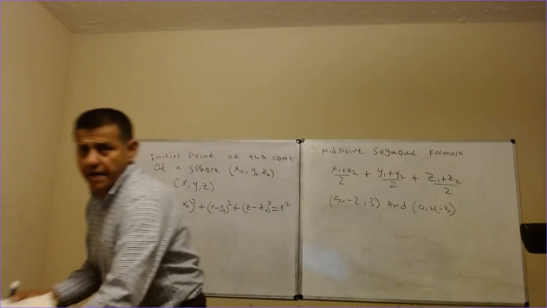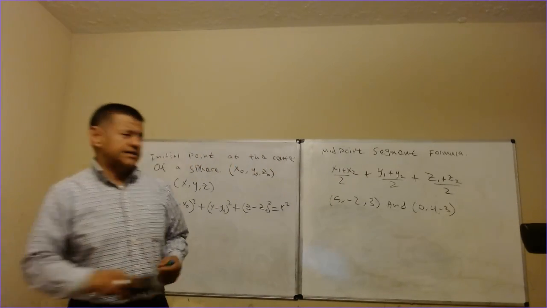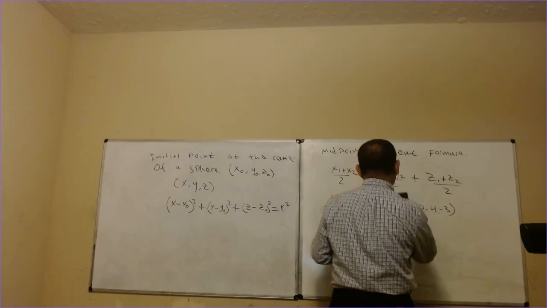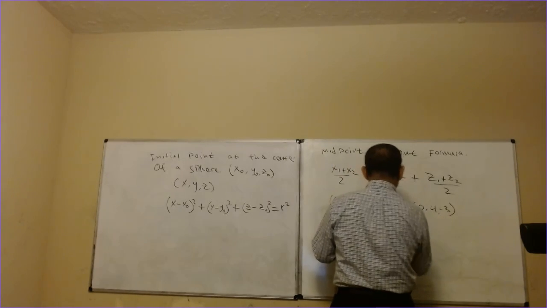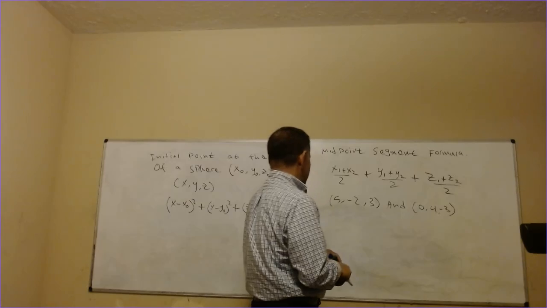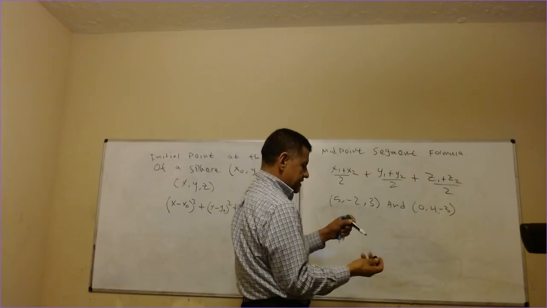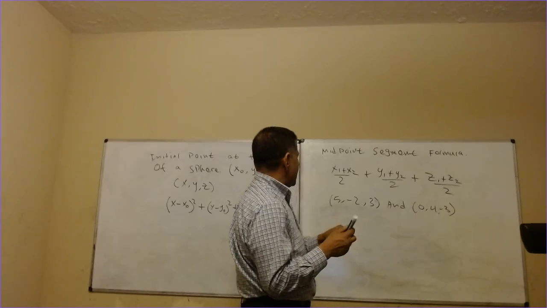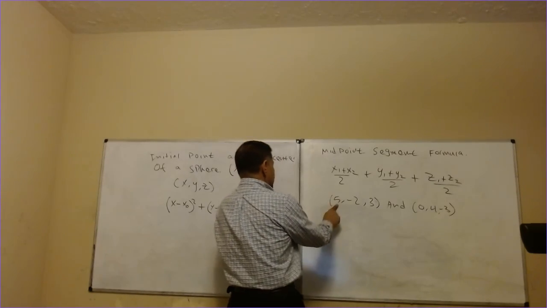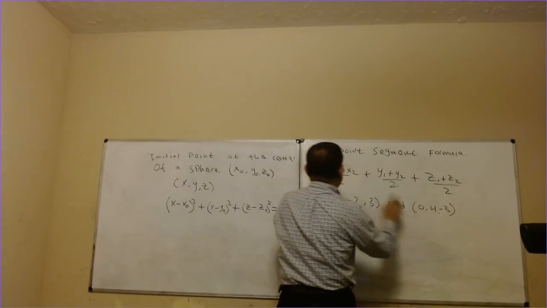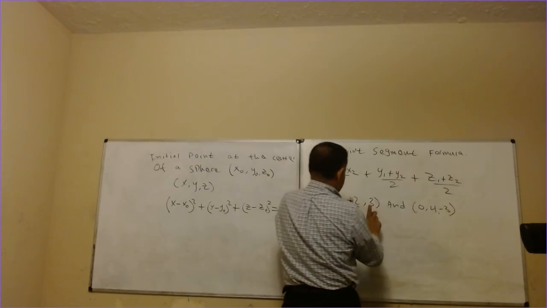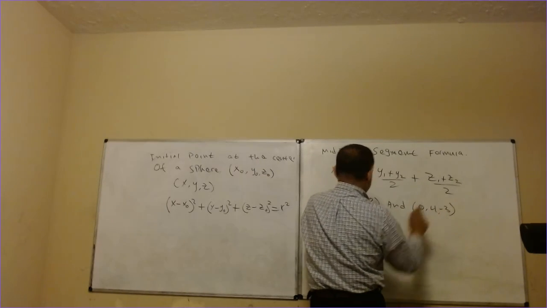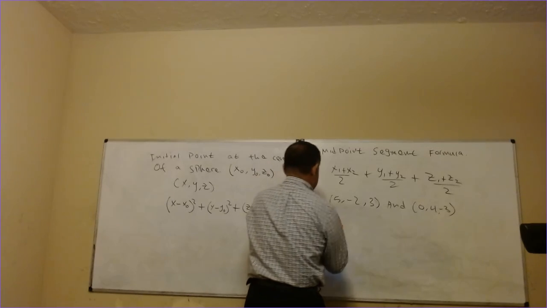Okay. So I'm going to calculate the midpoint of this. That's what they want me to do. Notice that I already have the values. This value goes with this value, and this one goes with that one. Let's do it.